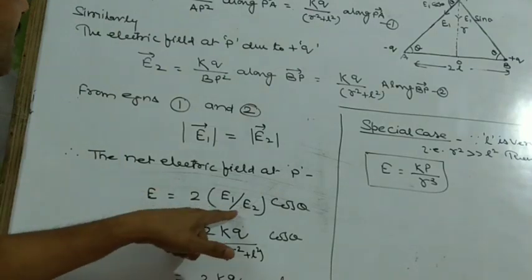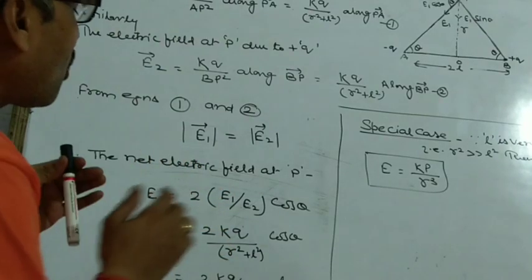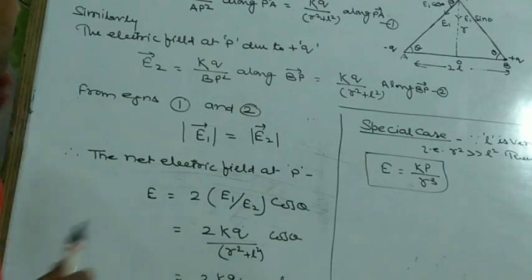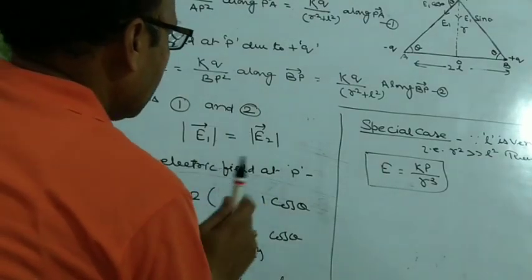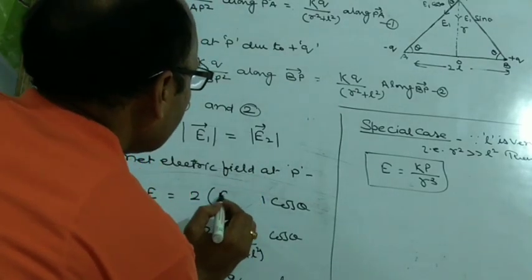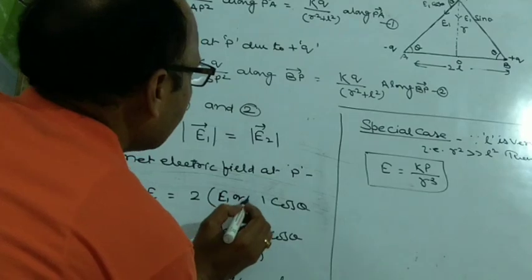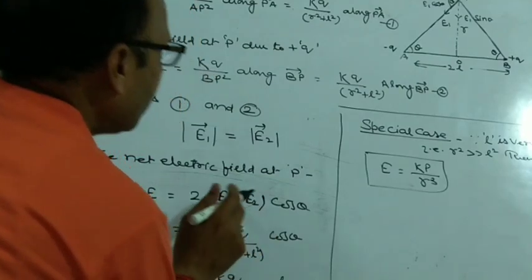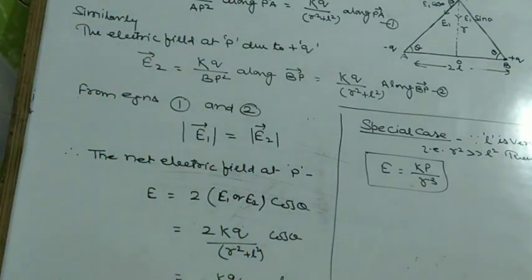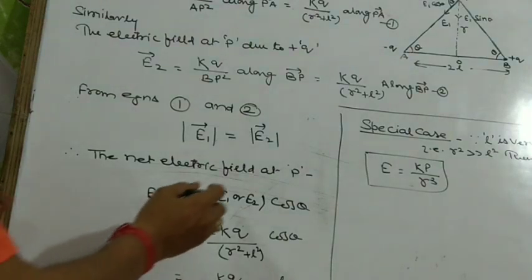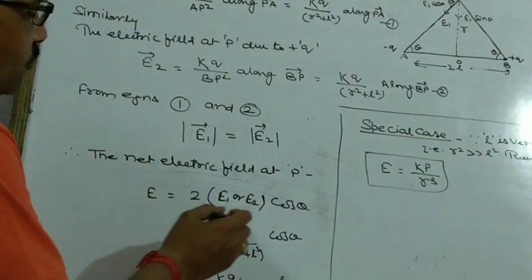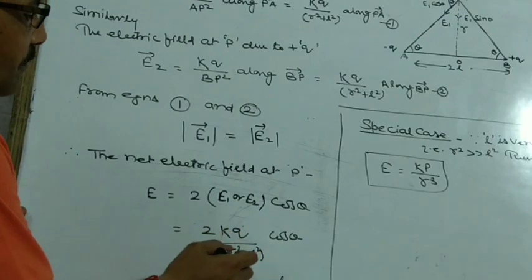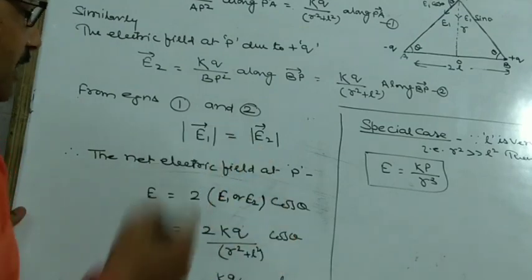E1 or E2, you can write E2. Either you have to take E1 or E2. Okay. So this is 2kq upon r square plus l square into cos theta.